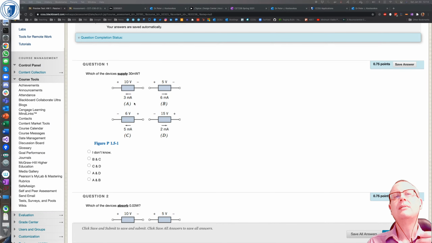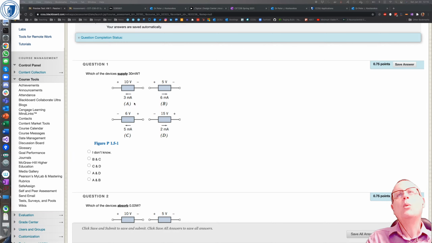It's a battery or a current source or a voltage source. So we need to look at the 4 items here and see which of them, and there's 2 of them, is not adhering to the passive sign convention. I think that should be pretty obvious, right?